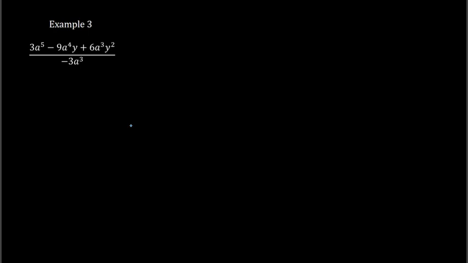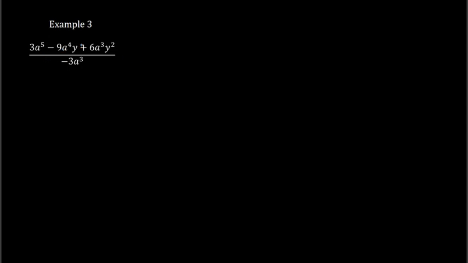Here's another example where now we have more going on. We have 3a to the 5th minus 9a to the 4th times y plus 6a cubed times y squared. All of that is over negative 3a cubed. So once again, if I wanted to divide, I can break this apart as multiple fractions.